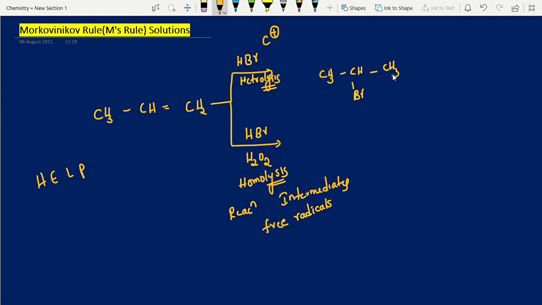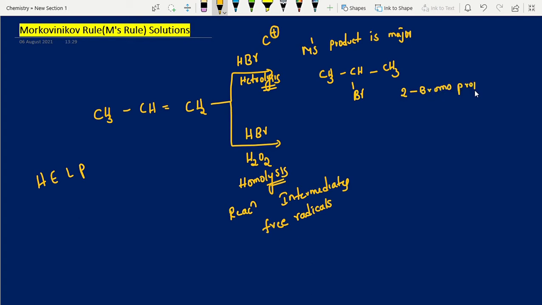It follows Markovnikov rule. The Markovnikov product is major. I have said, depending on the question, we have to write answers. If they ask for a mixture, you can write both the products, major and minor. If they just put a question mark, you can select the major product. So this is 2-bromopropane.